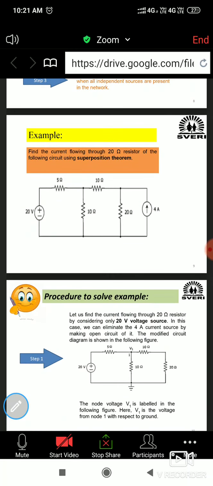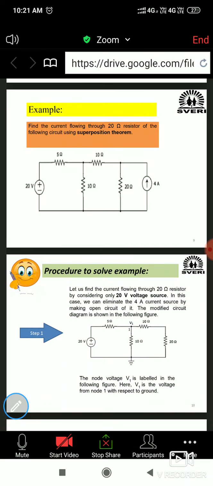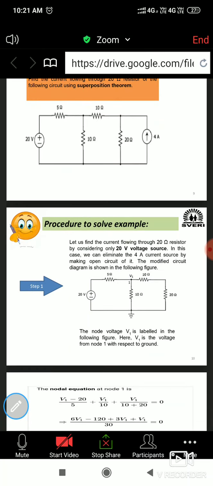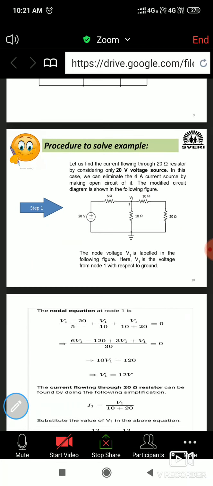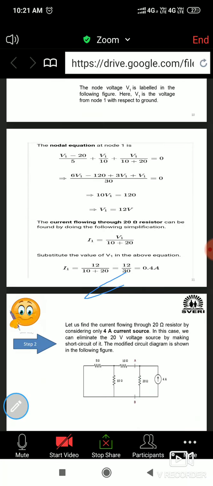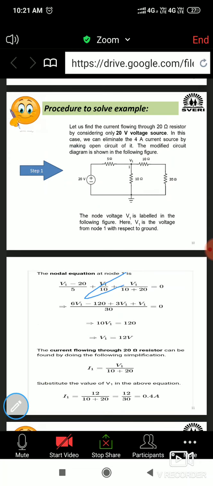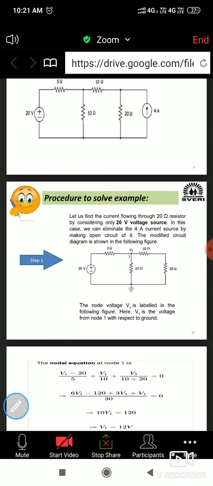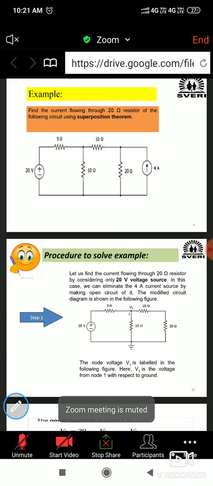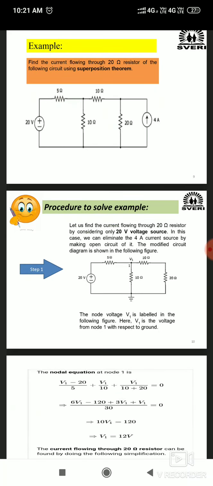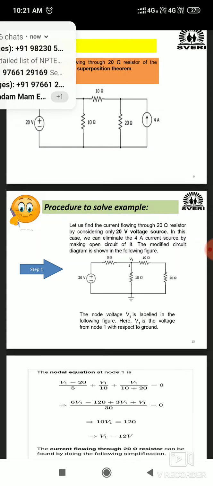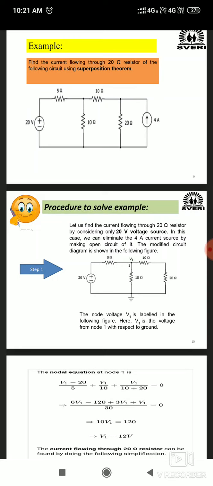In the next lecture we will revise the superposition theorem once again, then see the steps and procedure, and based on that solve two examples.